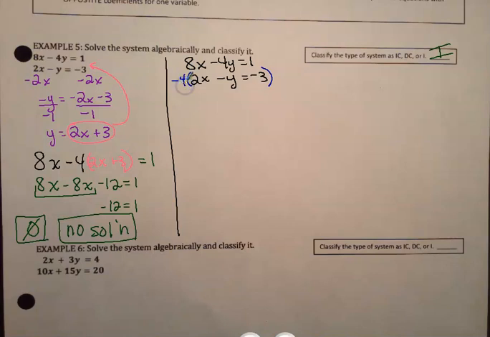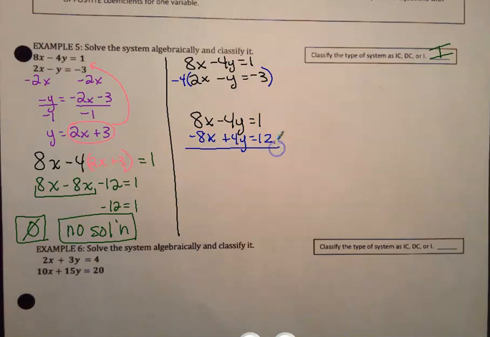All right, negative 4. Perfect. So I'm going to take 8x minus 4y equals 1, I just rewrote my first equation. And my new second one: negative 4 times 2 is negative 8x, negative 4 times y is a positive 4y, and negative 4 times negative 3 is a positive 12.